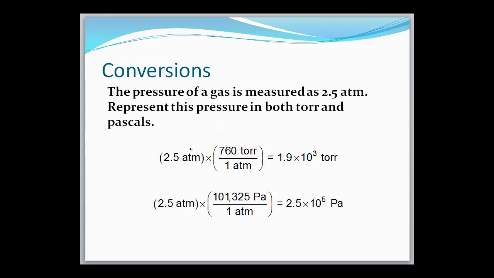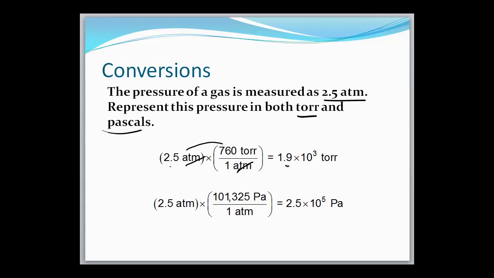So what you'll often have to do is convert between units. Let's say the pressure of a gas is measured at 2.5 atmospheres, and we want to represent this in torrs and pascals. Well, you simply do the dimensional analysis that you've grown used to. 2.5 atmospheres, you want to cancel atmospheres, so 1 atmosphere is equivalent to 760 torrs.